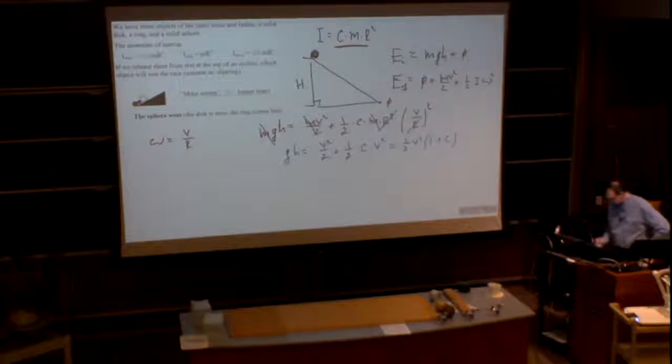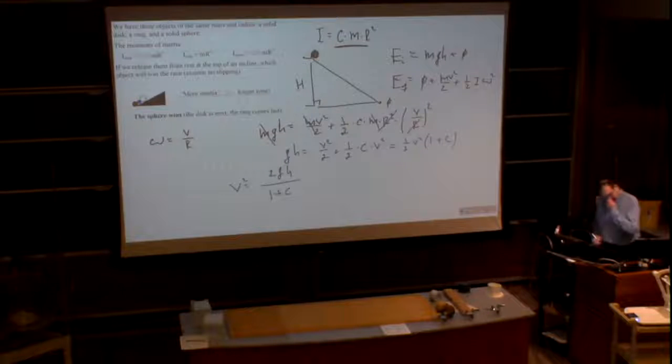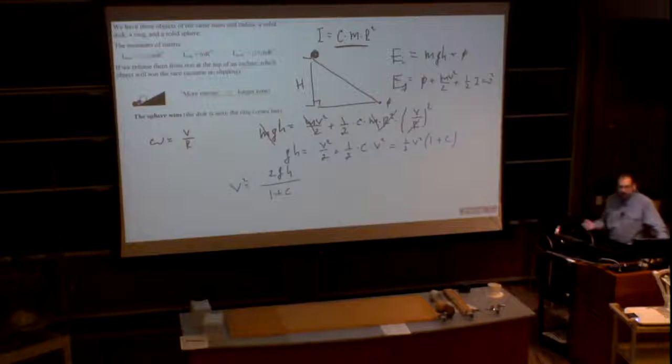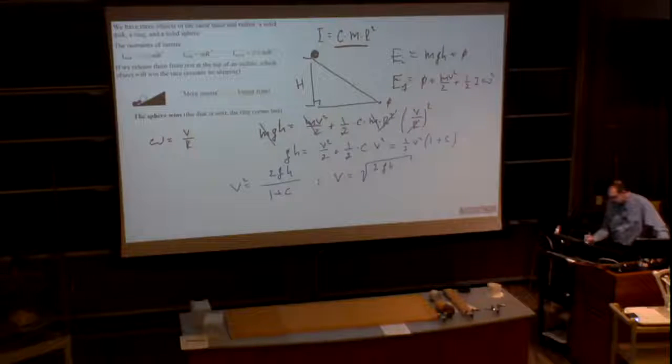So what does it give us? That gives us final speed squared equal to gh times 2 divided by 1 plus the form factor, and we calculate the actual speed by taking the square root of this expression.